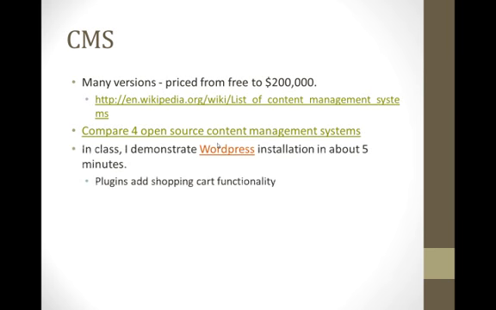In class, I'm going to demonstrate WordPress installation, and it should only take about 5 minutes. In fact, that's one of their claims to fame, that the installation takes 5 minutes, and you basically have the basics already put in. Then you can go out and find a bunch of plugins, including things like shopping carts, that you can add to your WordPress installation to give it additional functionality.